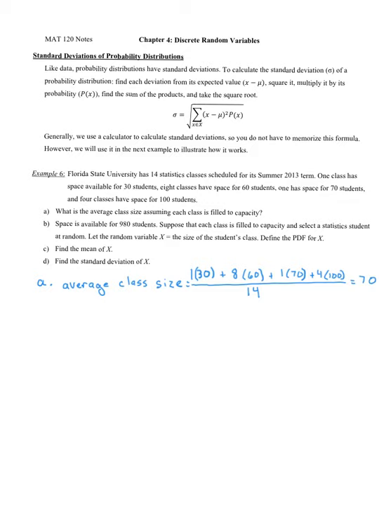So let's go ahead and make our probability distribution function again. So we'll go ahead and we'll draw our table, and then we'll fill in the appropriate probabilities beside each value.